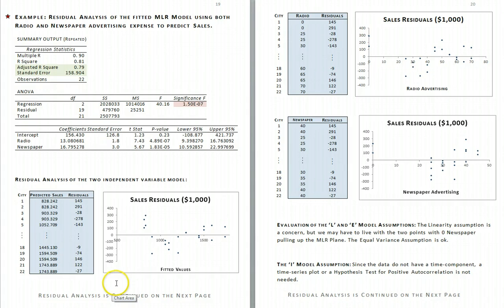We note that the residual values appear to be greater than 0 for smaller fitted values, less than 0 in the middle of the fitted value range, and once again tend to be higher than 0 on the larger side of the fitted value range. This plot is clearly marginal. It puts the linearity assumption in doubt and makes it hard to get any kind of read on the equal variance assumption.